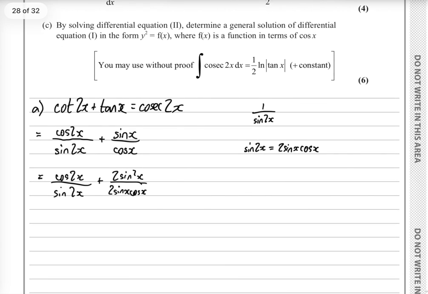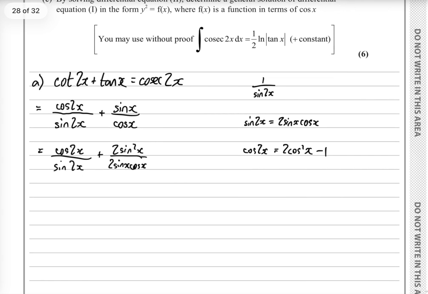Now I'm also going to use a double angle formula for cos 2x. That is 2 cos squared x minus 1. And at the same time use this one here to change that second fraction denominator into sine 2x as well.